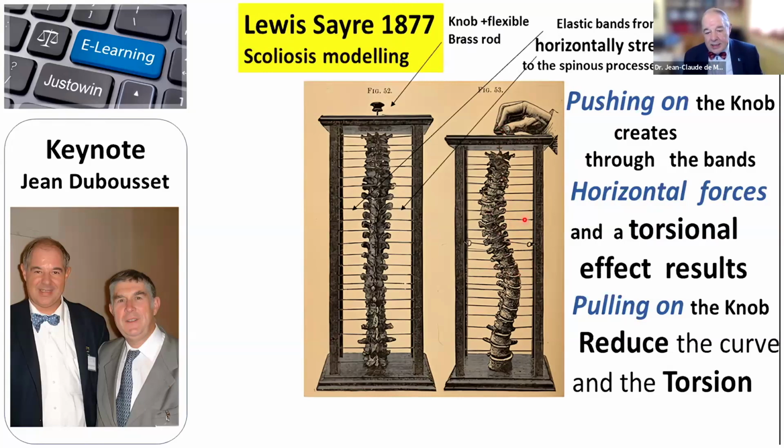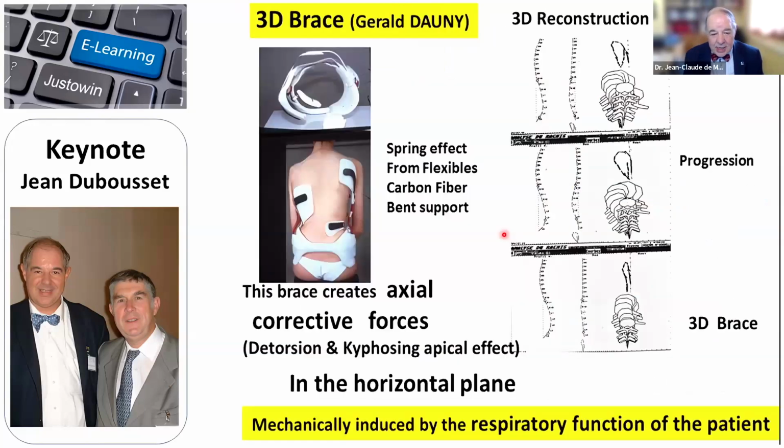So the concept to slide from derotation to detorsion is a consequence of this work of 3D representation and the work on the EOS system. So you have here the first detorsion brace of Dubousset.